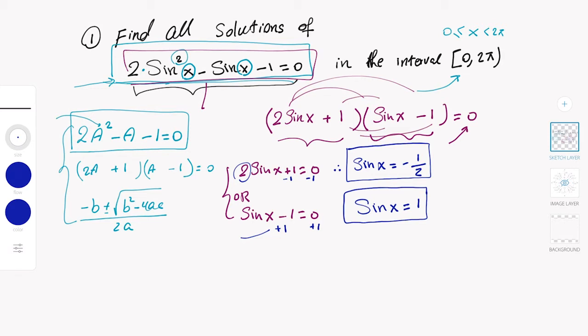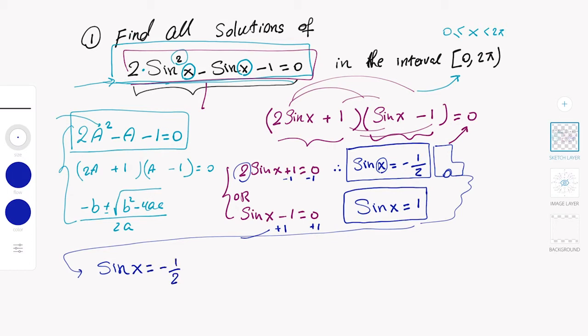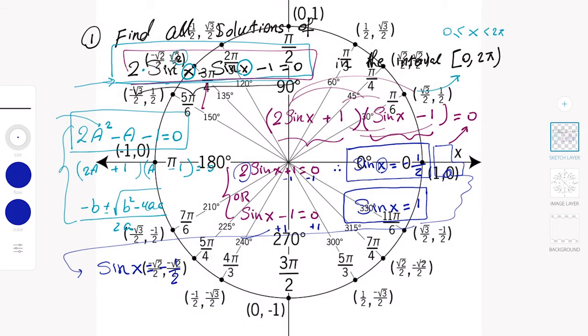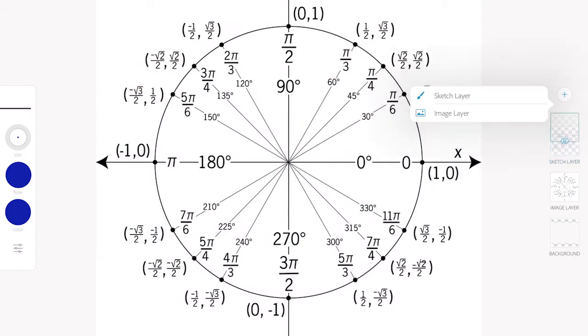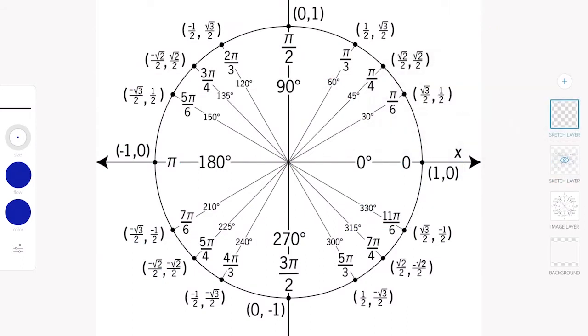Please don't think that you are done. No, we are looking for x. We have sine of x. So let's bring this here to see how we deal with the x. We have sine of x equal to negative 1/2. When you look at the unit circle, negative 1/2 for sine is here, also here.